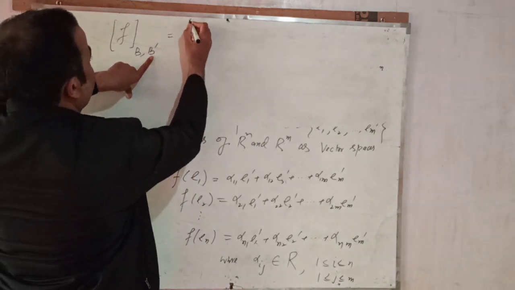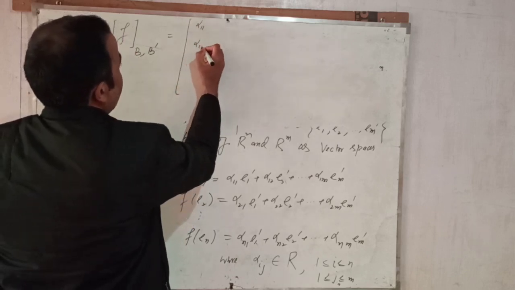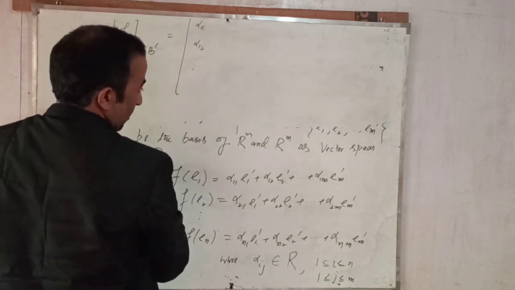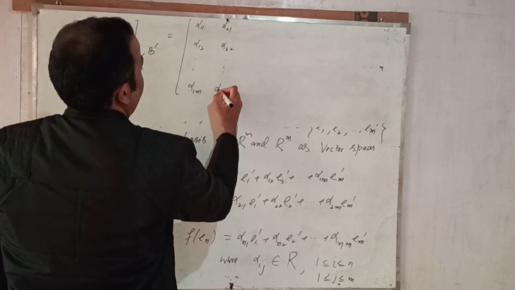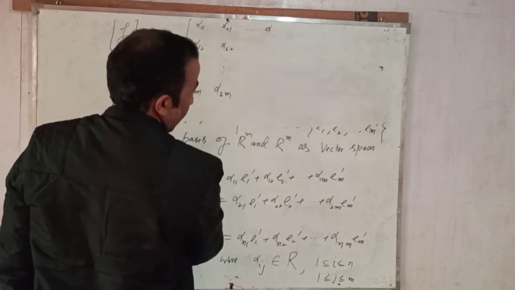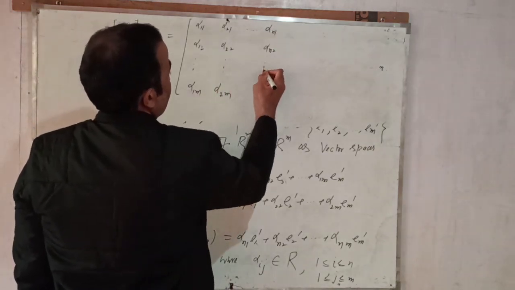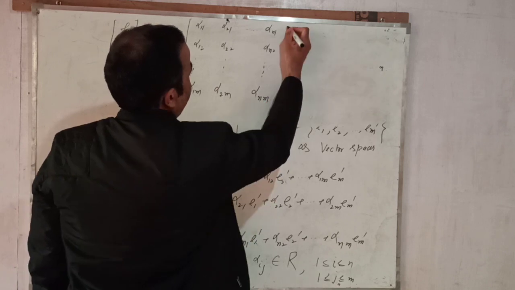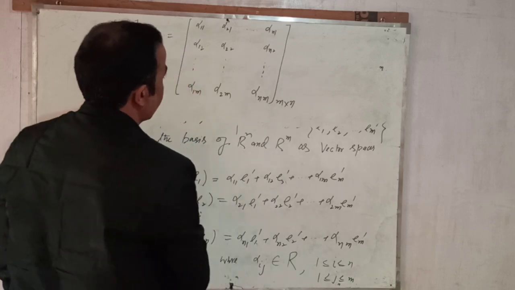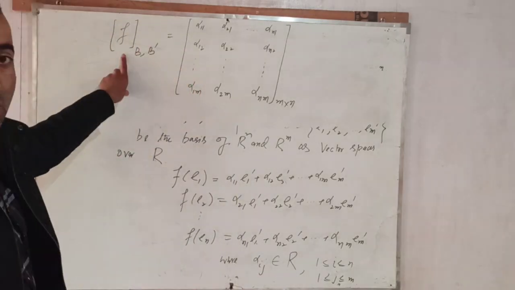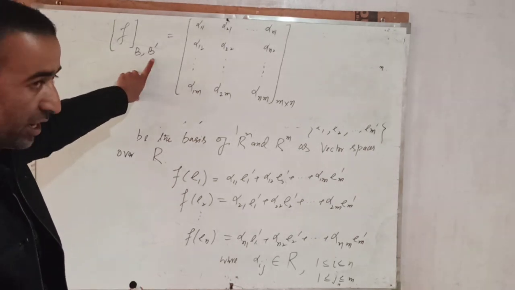So its value is, by definition, alpha 1 1, alpha 1 2, so on, alpha 1 m, alpha 2 1, alpha 2 2, so on, alpha 2 m, and so on, alpha n1, alpha n2, so on, alpha nm. Of course, this is an m cross n matrix. This we call the matrix of linear function f with respect to the bases B and B dash.